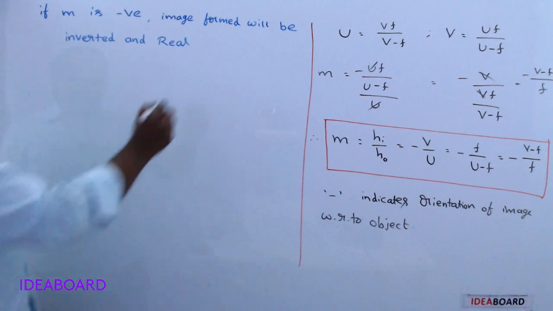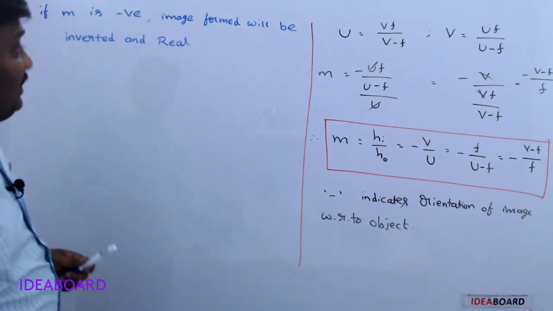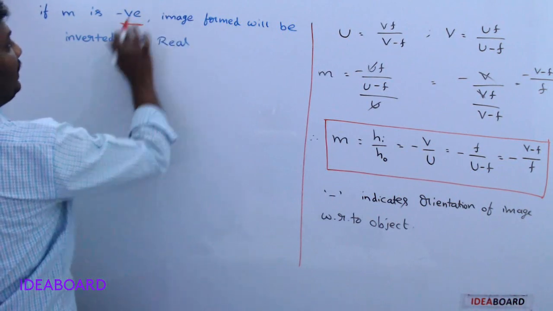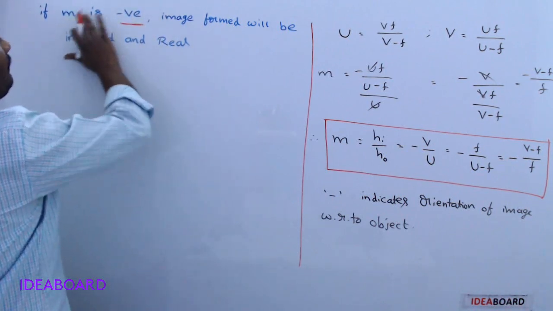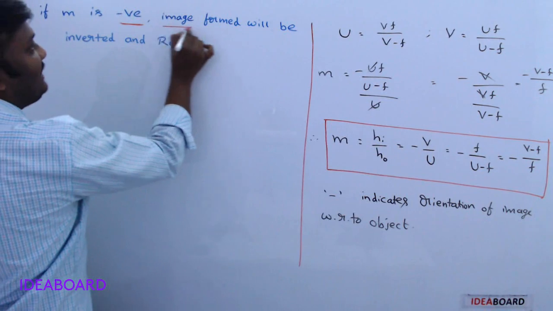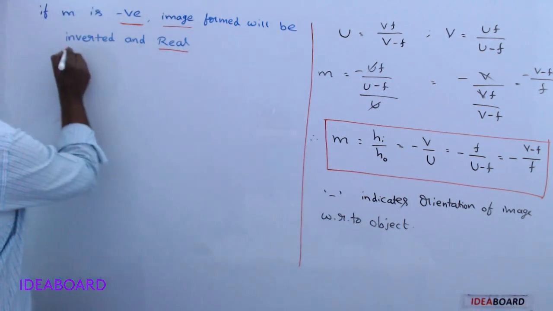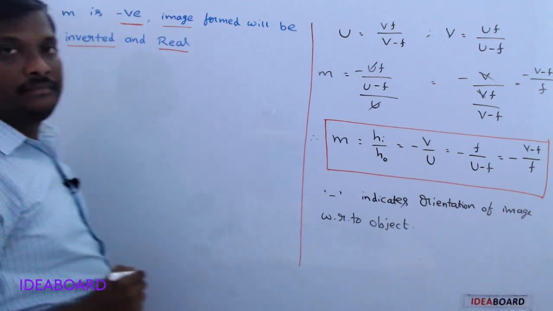Okay, the image formed will be inverted and real. This is very important. Keep in mind, anywhere you get the m value negative, that indicates the image is real for a real object and it is inverted.